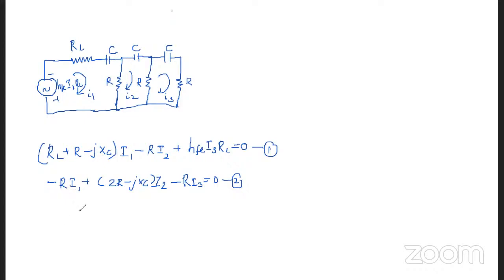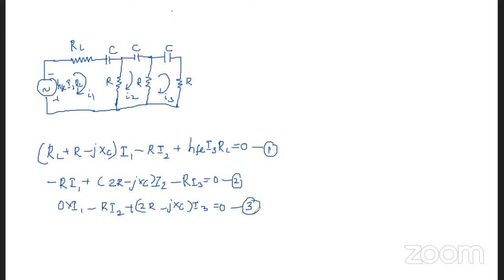If you solve this further, you get 0 into I1 minus R I2 plus (2R minus jXC) into I3, which is equal to 0.